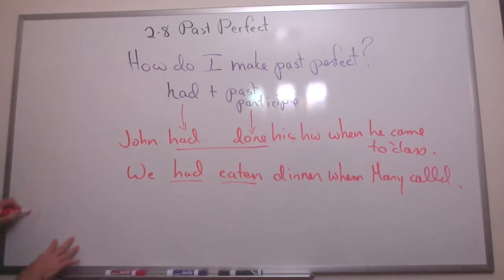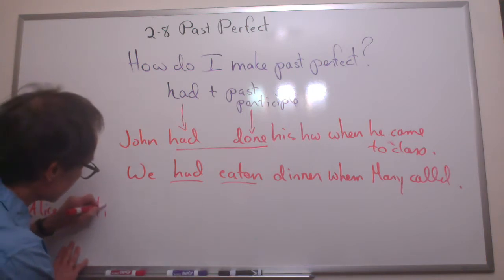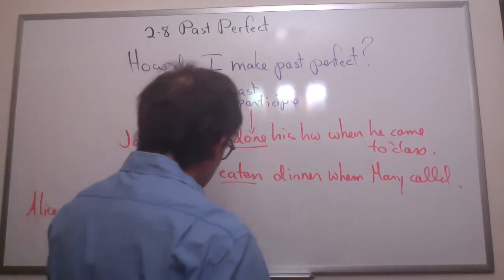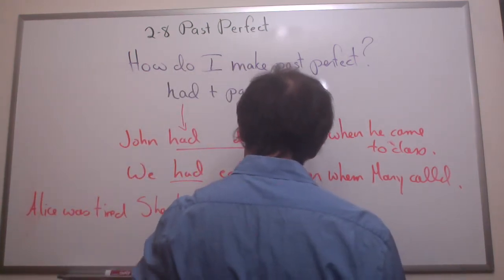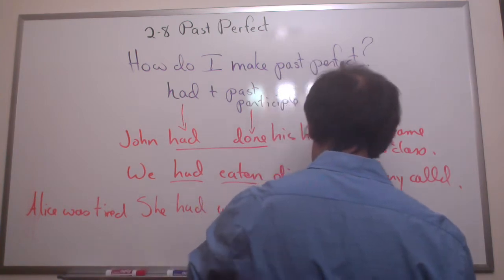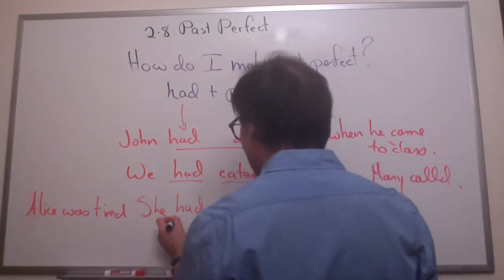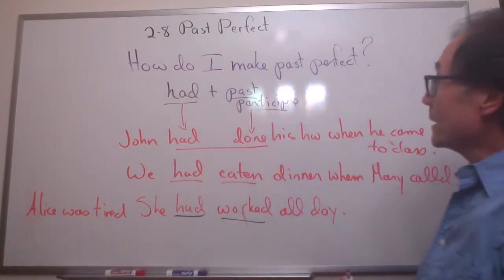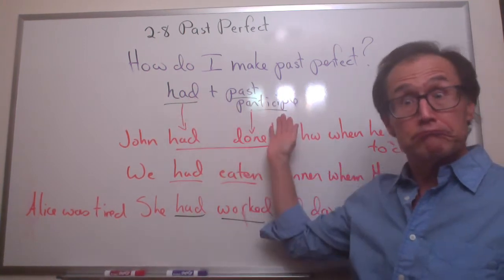Let's say Alice was tired. She had worked all day. Okay? And again, I have had and past participle. So whenever I want to make past perfect, it's always had and past participle.